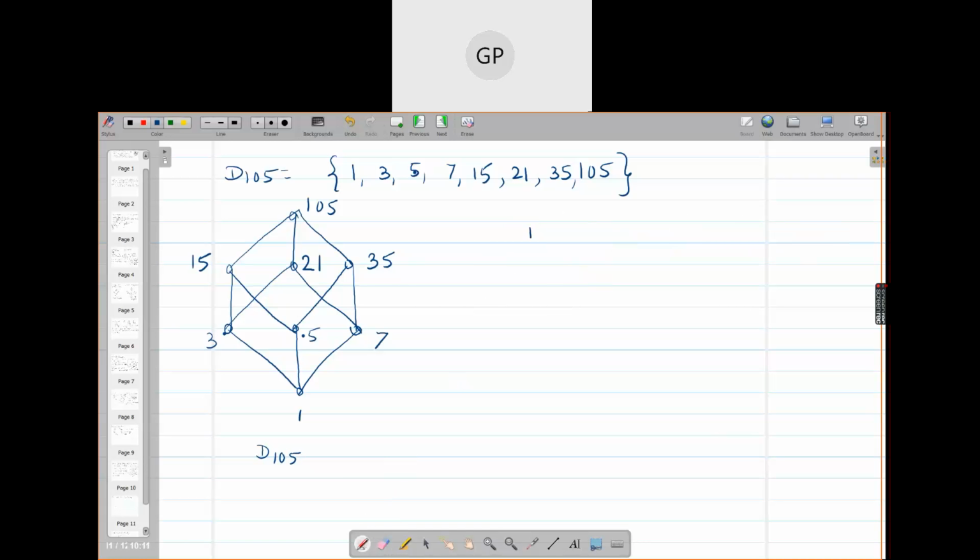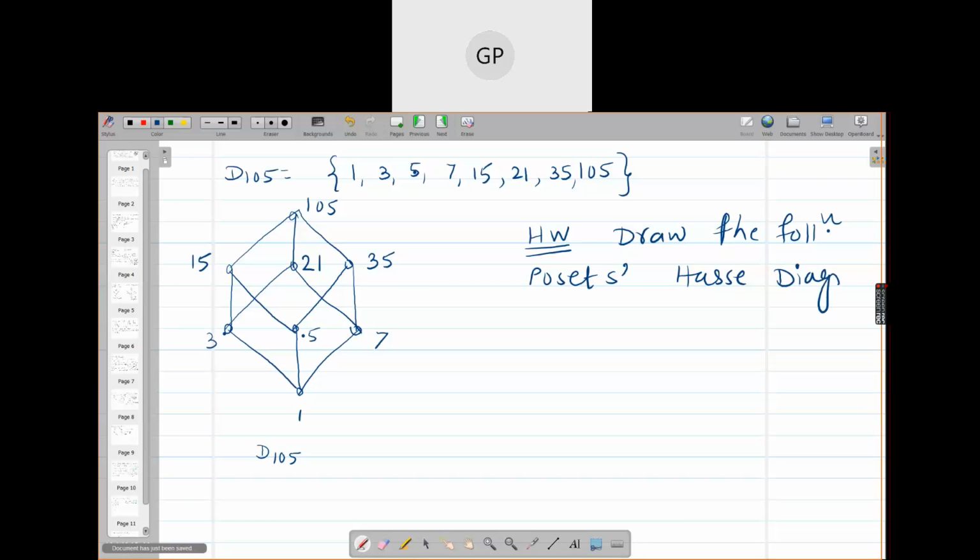So your homework is: draw the following posets' Hasse diagrams. D48, then D500, D100, D60.